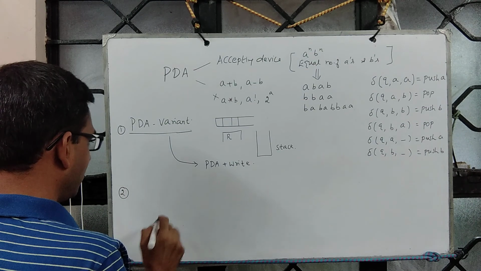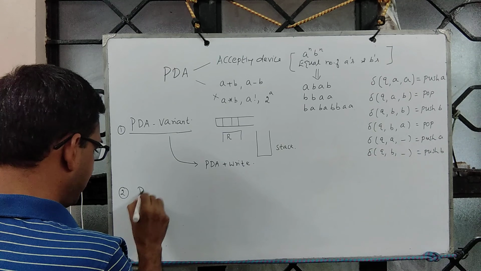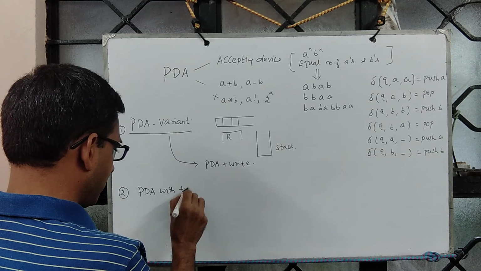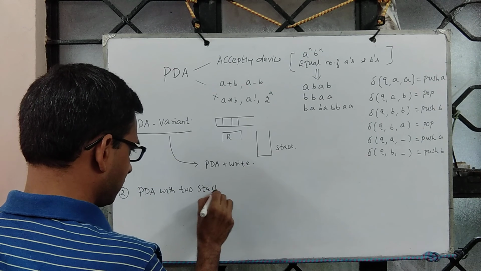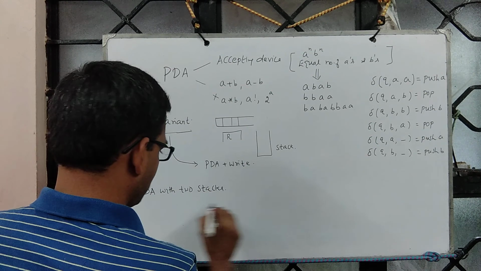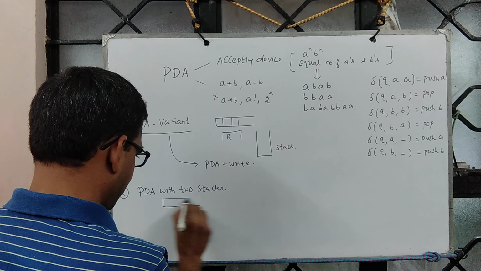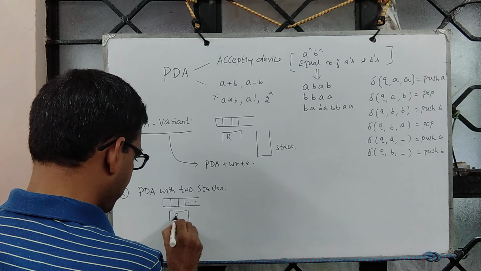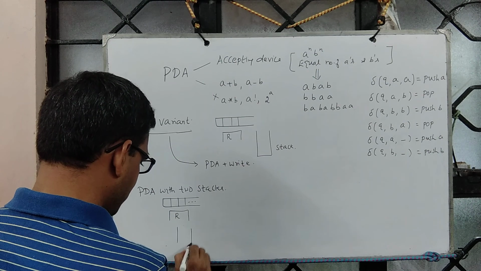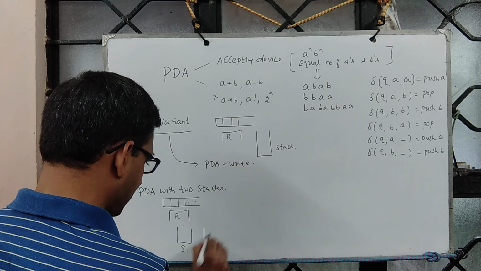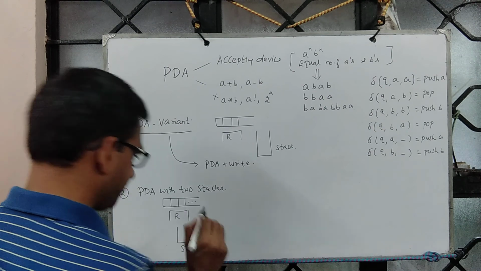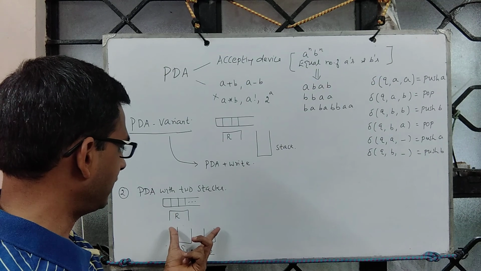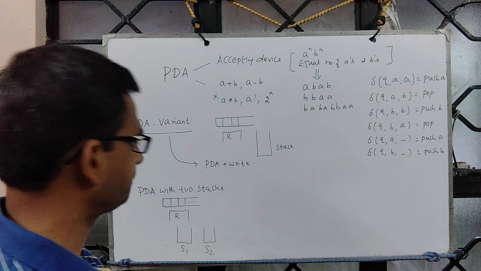One can also bring one more variant. For example, say PDA with 2 stacks. So what we will do is we will have an input tape and a read control. Instead of working with just one stack, we will work with 2 stacks. Now, are we increasing the computational power of PDA?